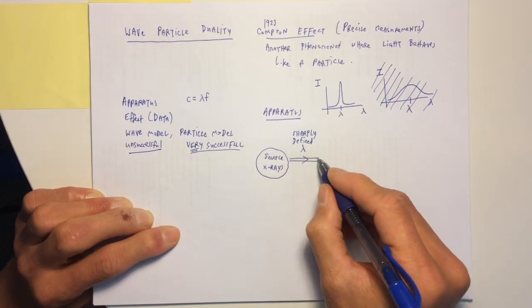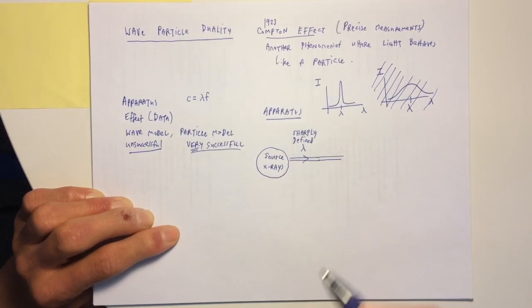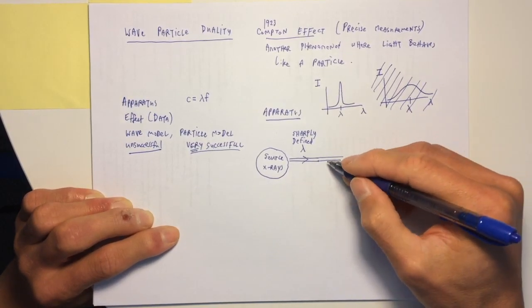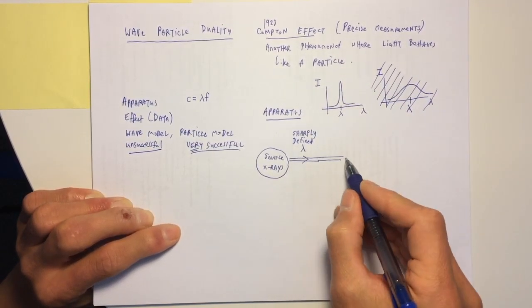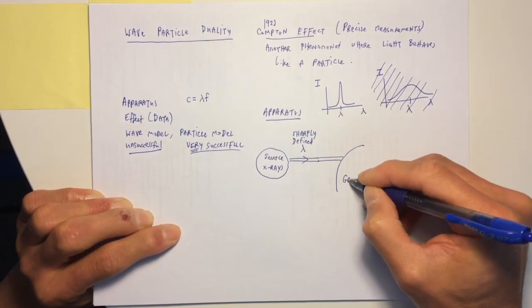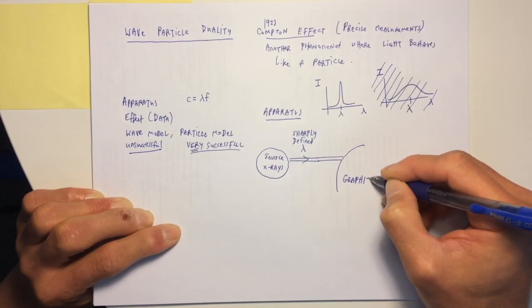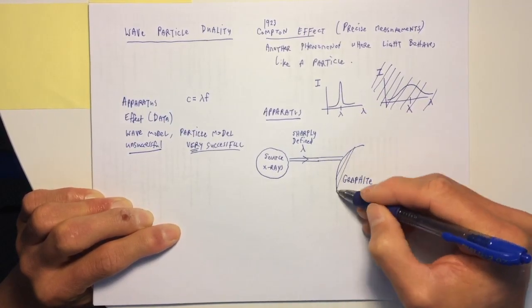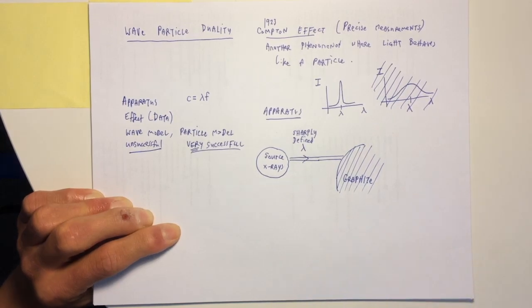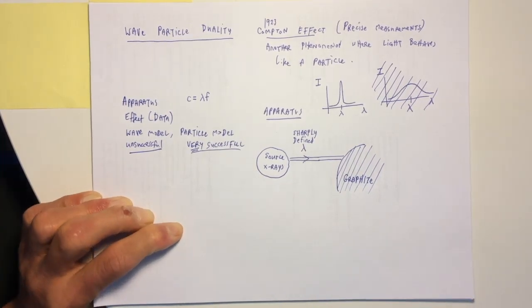But anyway, so you've got this wavelength, and what Compton does is he aims this sharply defined X-ray wavelength at some graphite, like in a pencil. So here's a big sloppy collection of graphite material.